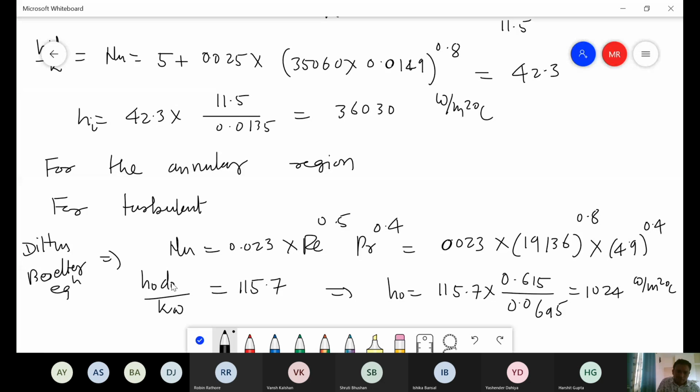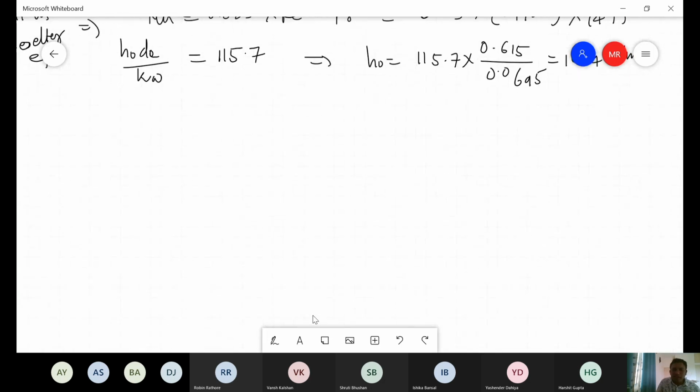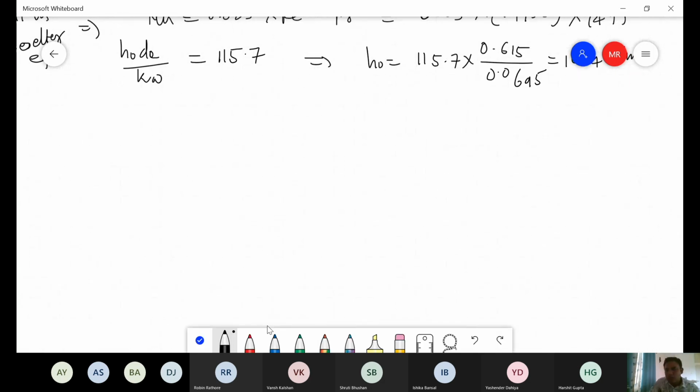Okay. So now we have obtained the heat transfer coefficient for the inside pipe. We have obtained the heat transfer coefficient for the flow through the annular region. Now we can calculate the overall heat transfer coefficient.